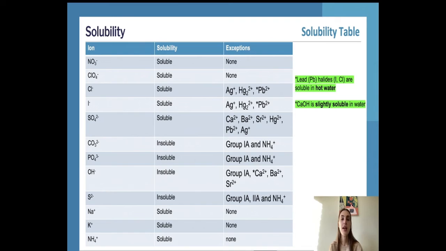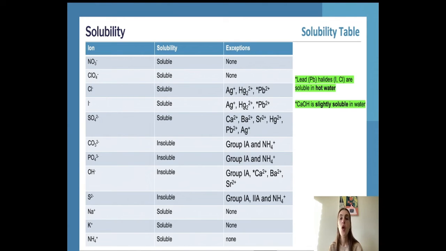That's because they are exceptions to the rule, which means that they will form substances which are not dissolved.